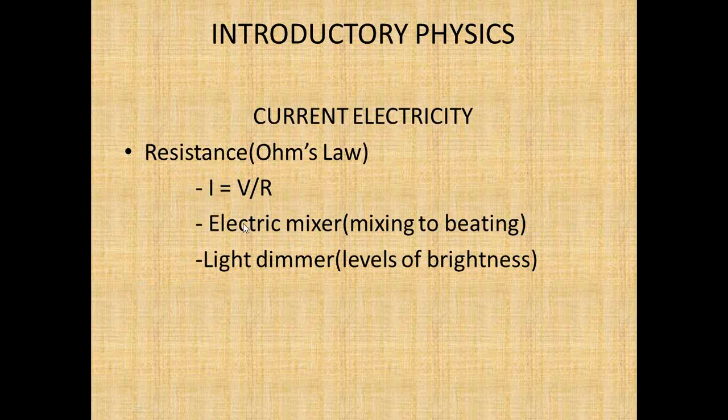This equation is used in your electric mixer. You can mix, you can beat, you can do all sorts of stuff. It's also used in light dimmers, because all you do is vary the resistance and you can vary the current.